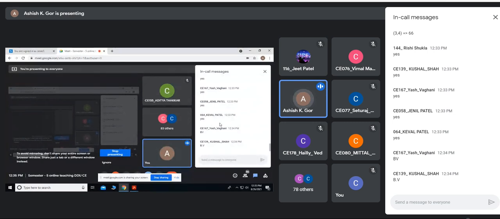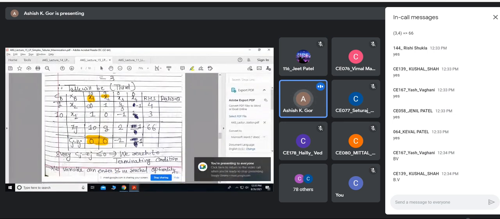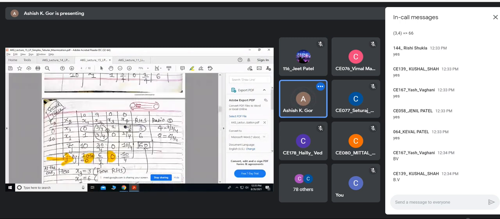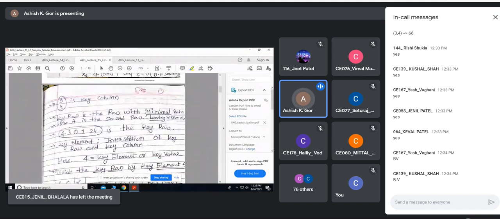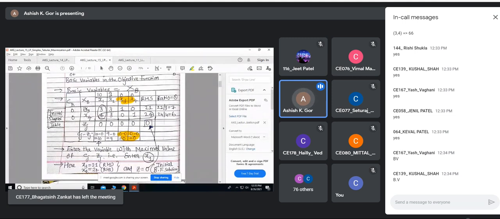So here x2 and x1 are basic and you are getting Cj minus Zj 0. Here x3 and x1 are basic, so under x1 and x3 you are having 0. And this must be satisfied, otherwise there is some mistake in your calculation. This way also you can verify. Same way, initially x3, x4 are basic, so they are 0.